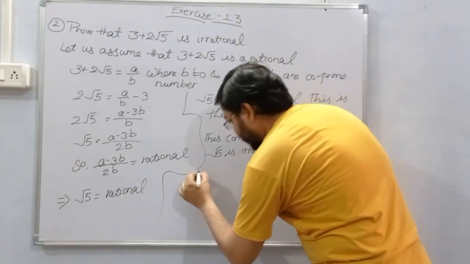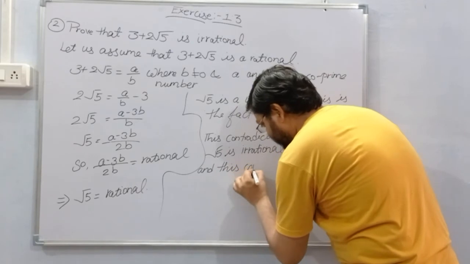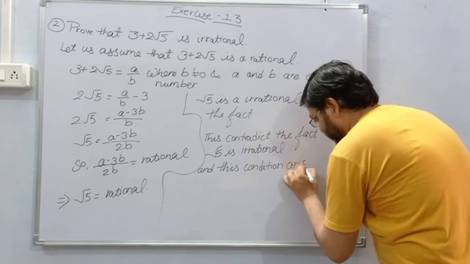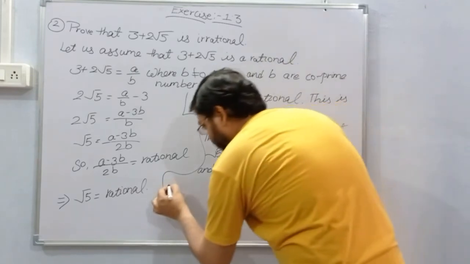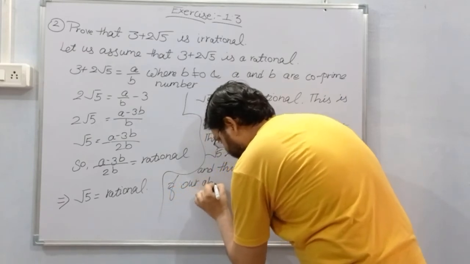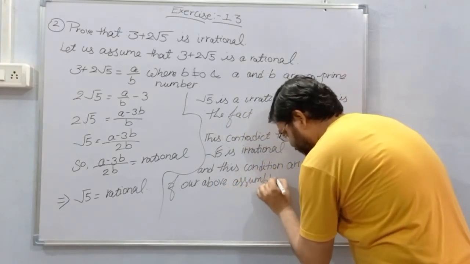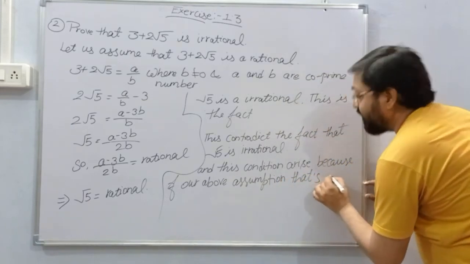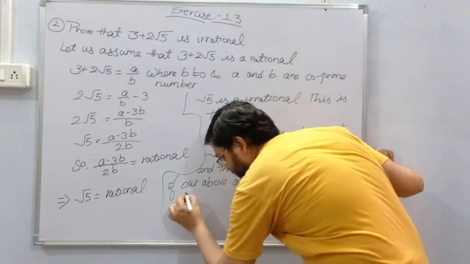This contradicts the fact, and this condition arises because of our above assumption, that is, 3 plus 2 root 5 is rational.